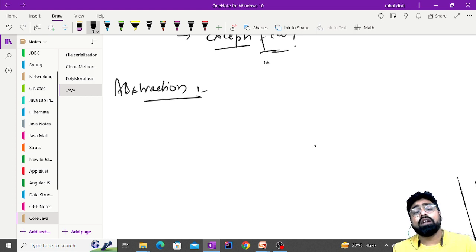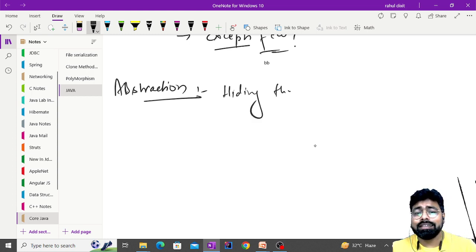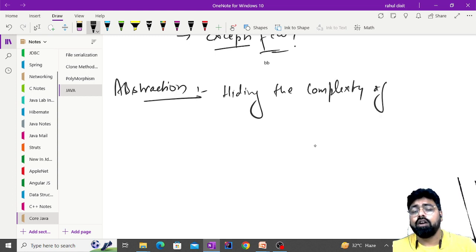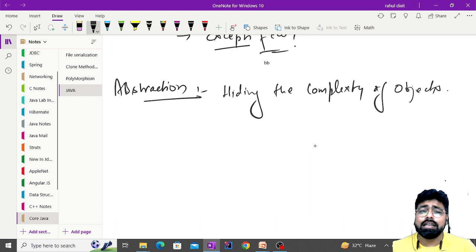So father is hiding the complexity of that outcome. That is abstraction: hiding the complexity of objects, how things are going on inside. How it is achieved in Java and C++, we will discuss later.